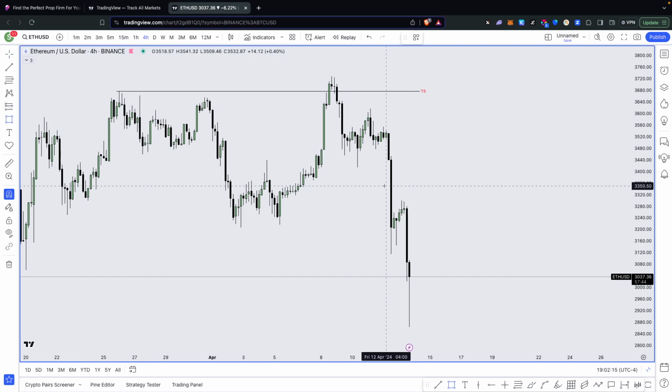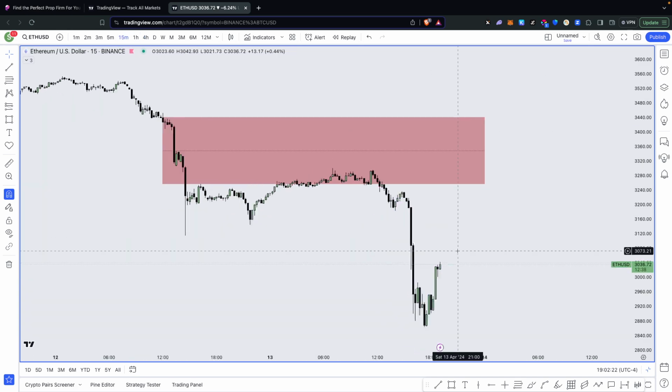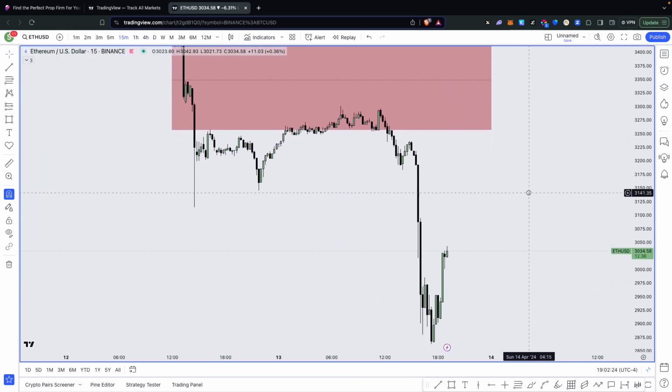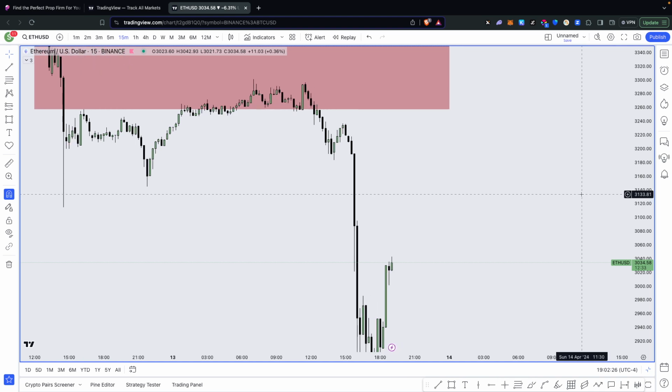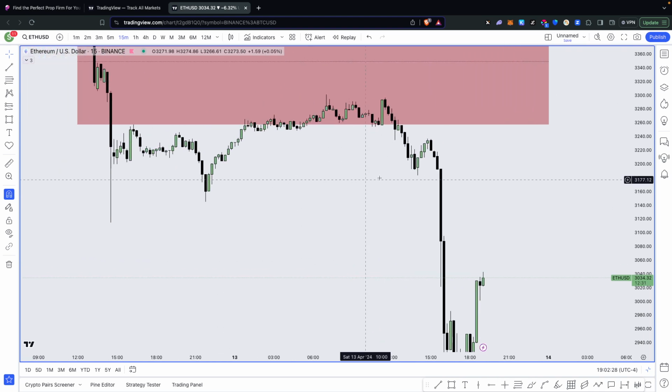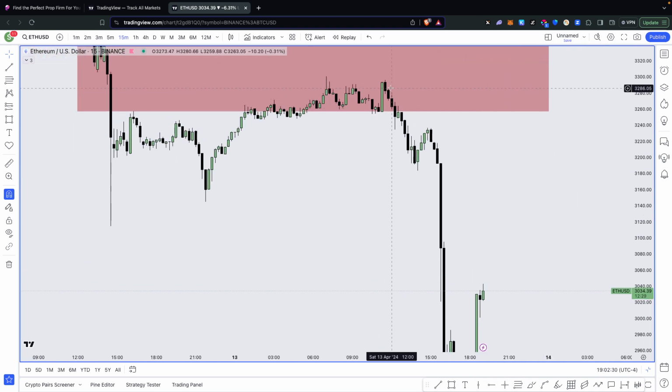So we do the same thing. Let's highlight this fair value gap. Go to a smaller time frame. We want to study 15 minutes or 1 hour. Okay, so we're going to see when it breaks. It was not that clean on the fair value gap, because yes, we went all the way up. We took buy side right there.